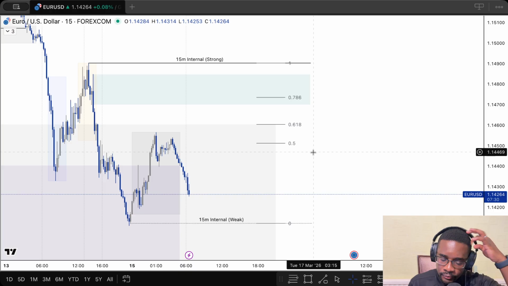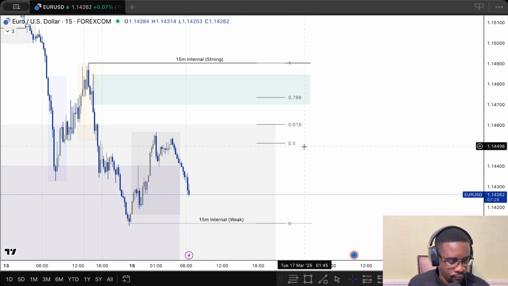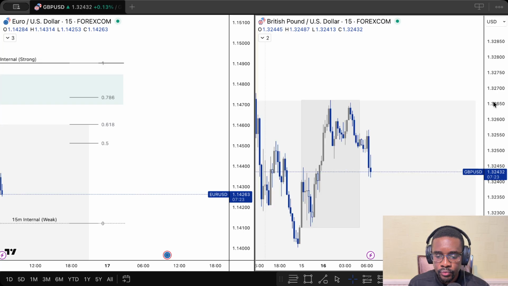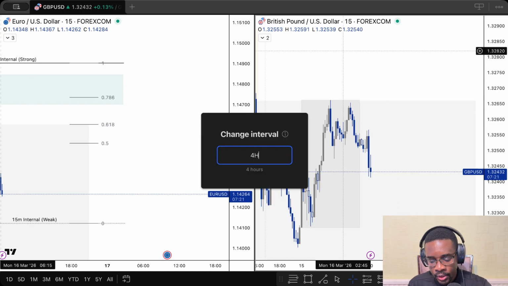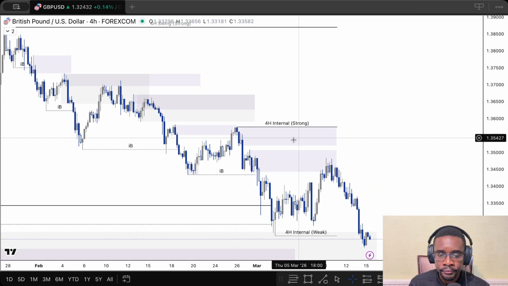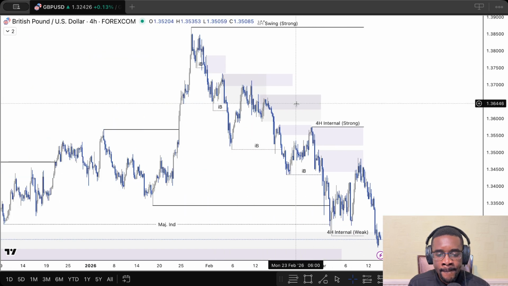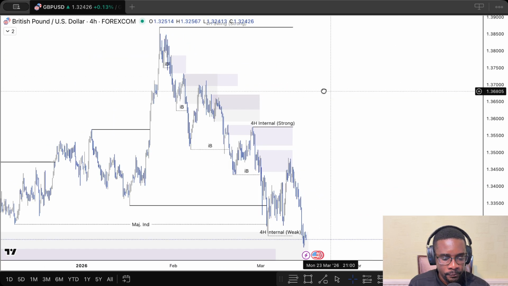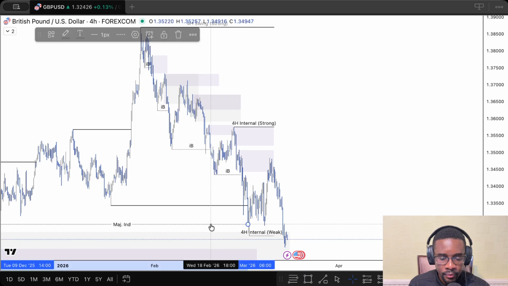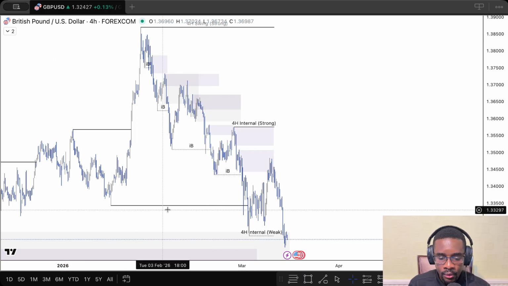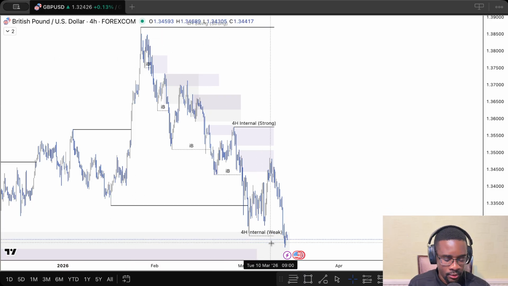Okay, so let's see if the pound has something similar. So looking at the 4H on the pound. All right, so we had our break of structure, and then that was our internal.